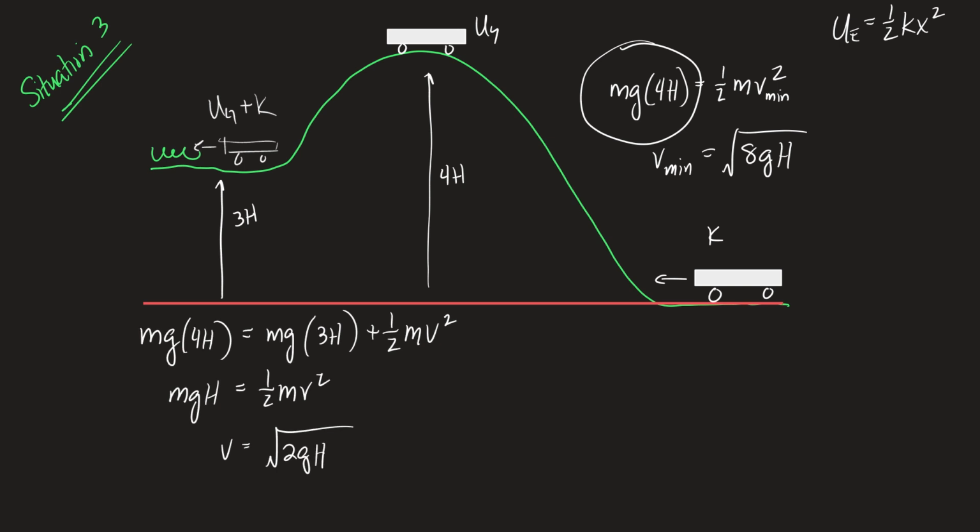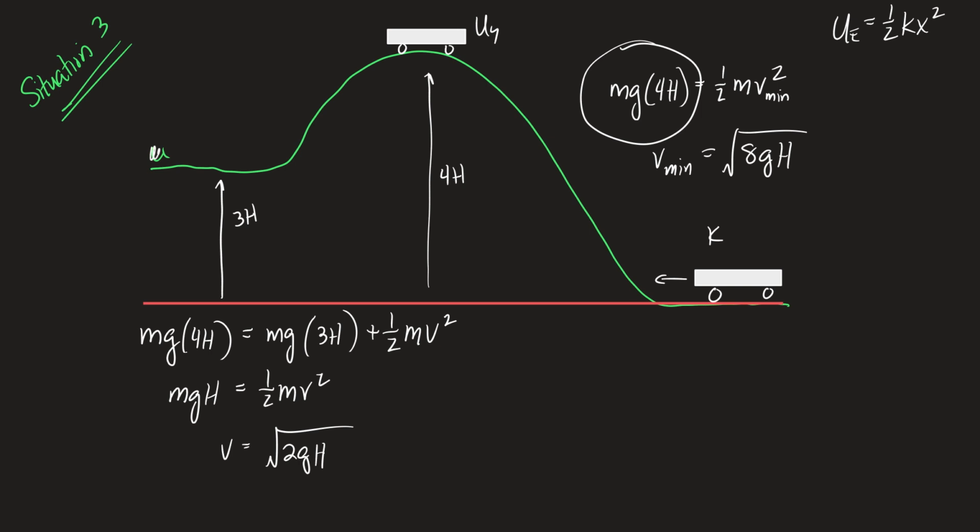Keep going. What is the maximum compression of the spring in terms of m, h, and k, and any fundamental constants? All right. That suggests that there is another future where the spring now has been compressed by the car.